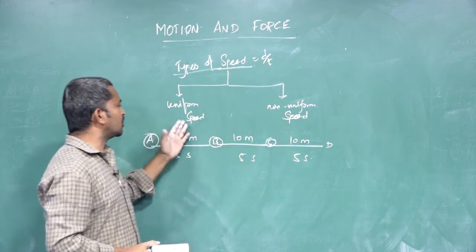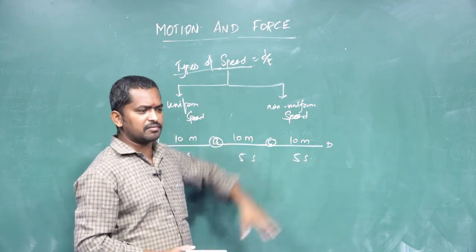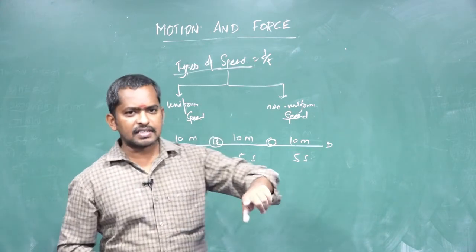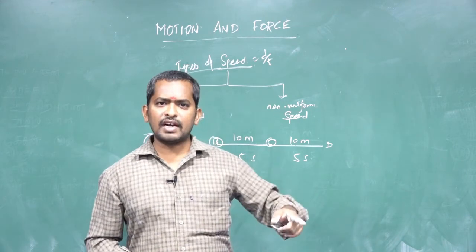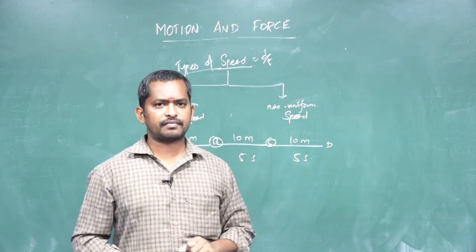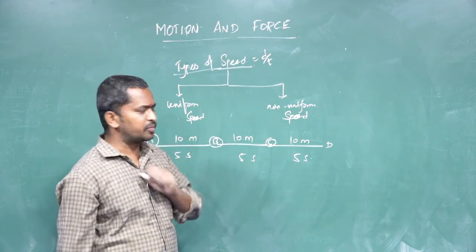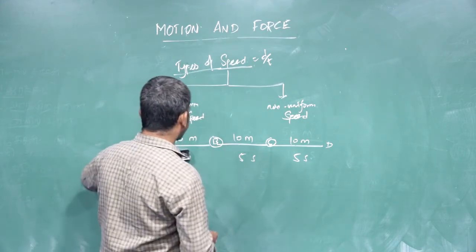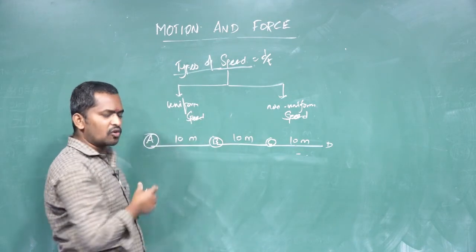That is uniform speed. What do you mean by non-uniform speed? The object covers equal distance in unequal intervals of time, or unequal distance in equal intervals of time. Uniform speed is equal distance in equal intervals of time.